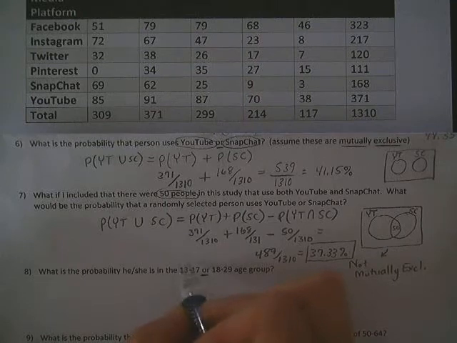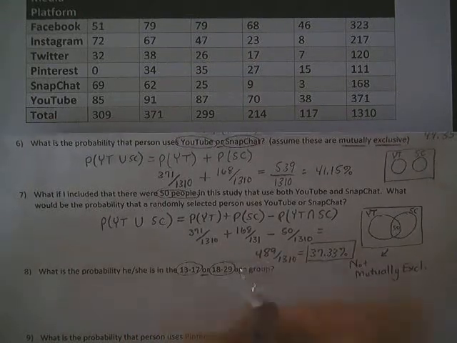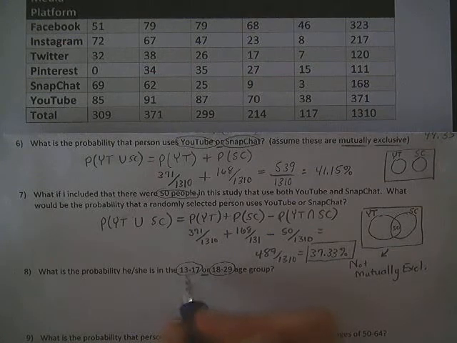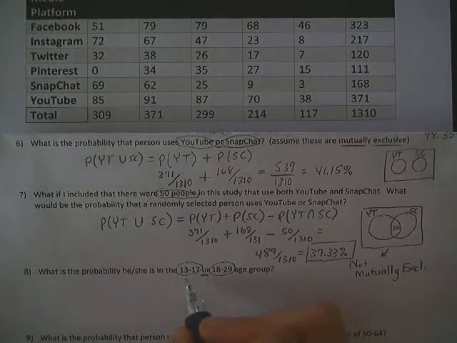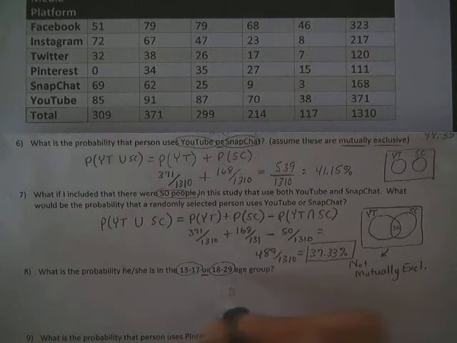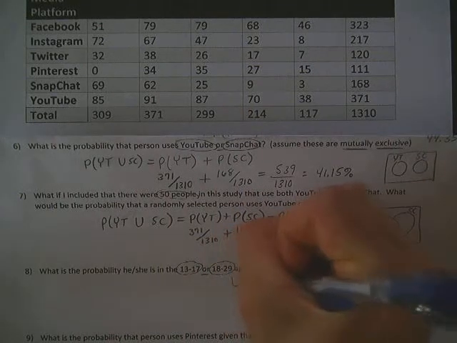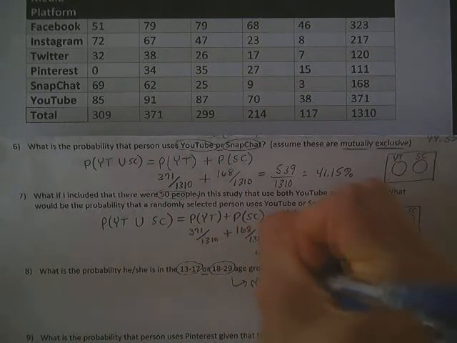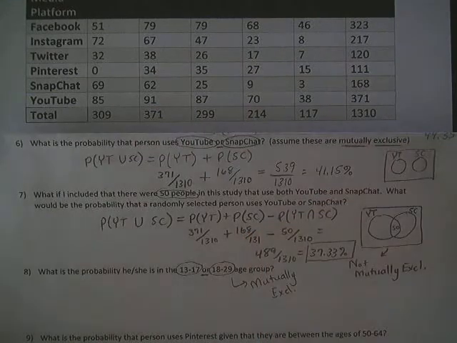And so think before you actually write this down, is there anybody that could be both 13 to 17 years old, or excuse me, is there somebody that could be both 13 to 17 years old and 18 to 29 years old? No, you're either going to be in this category or not. So these, luckily, are just mutually exclusive because you can't have anybody that's in both age groups.